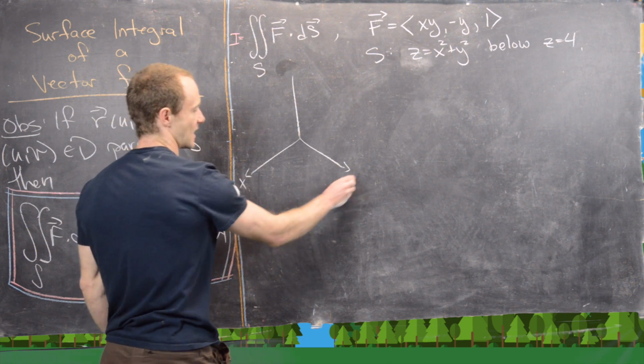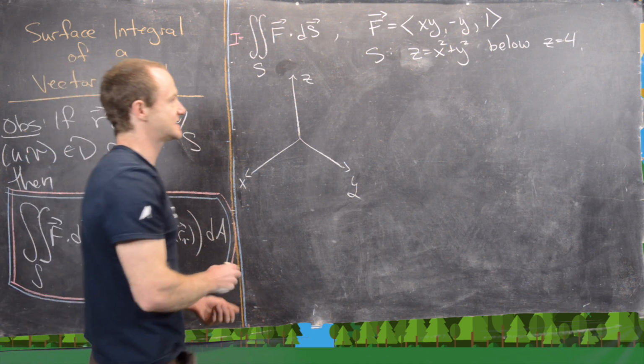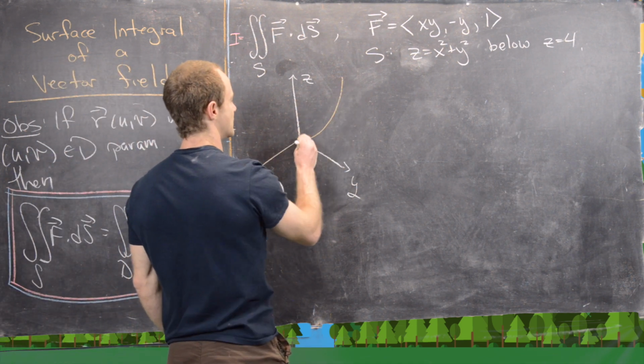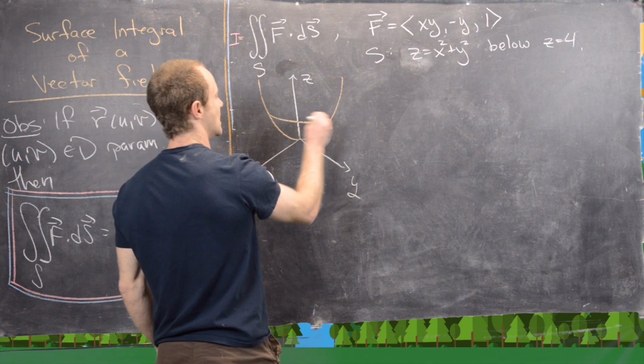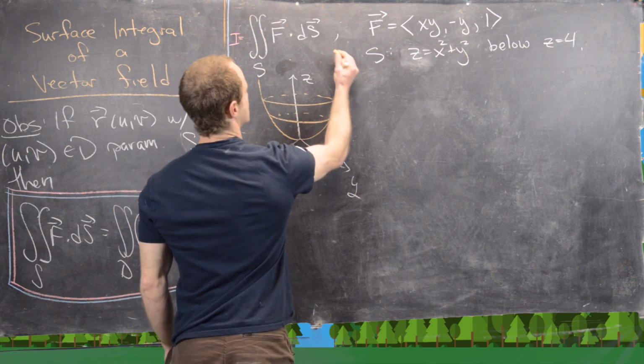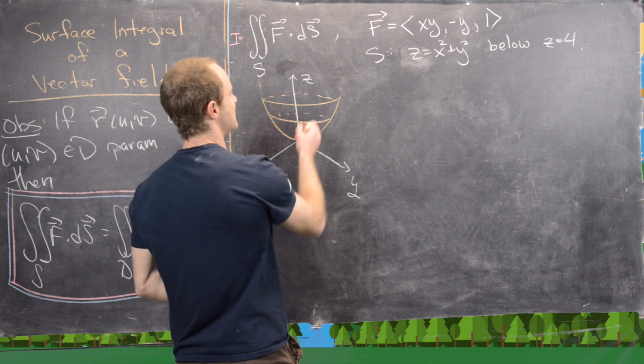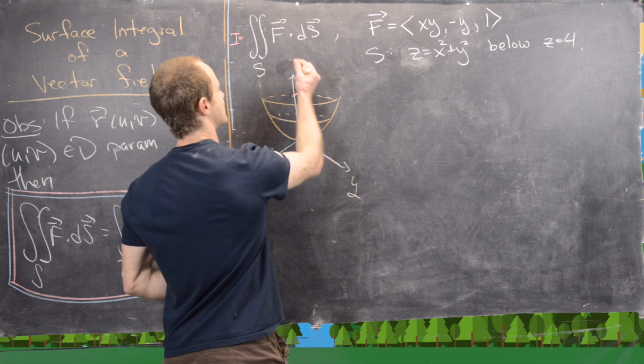So let's say we've got our x and our y and our z axis here. Like I said, this is an upward facing paraboloid. So in both directions it looks like a parabola and it opens like a circle. Good. So we've got some picture like that. Let's go ahead and say that this is z equals 4.